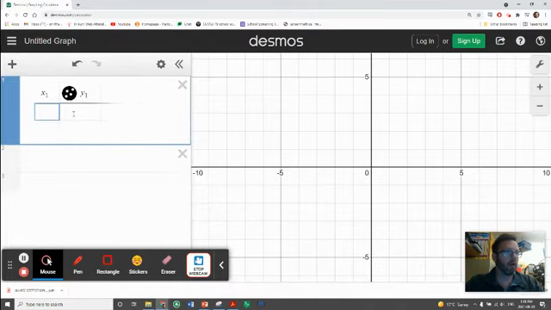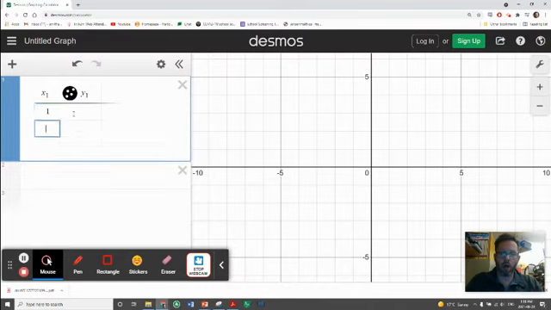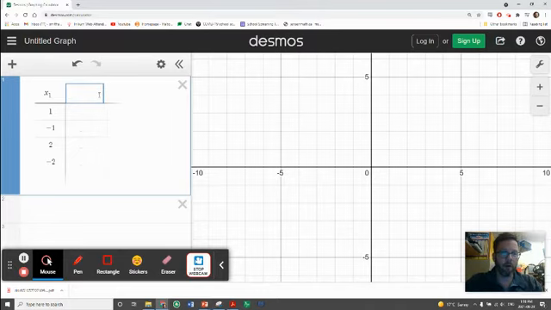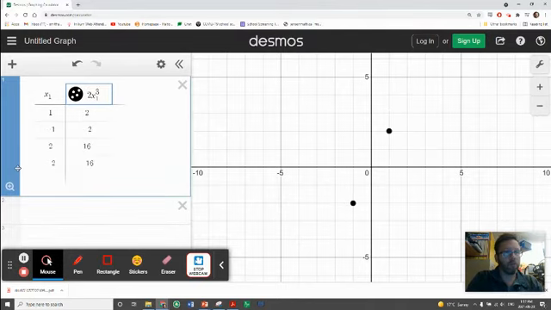Things we're going to try: 1, -1. Usually start with the easy stuff, 2, -2. And then our polynomial function was 2x cubed plus 3x squared minus 11x minus 6. And those should be x1s.